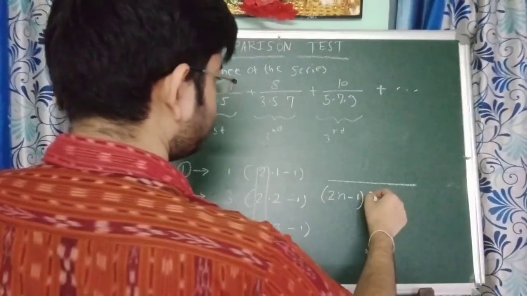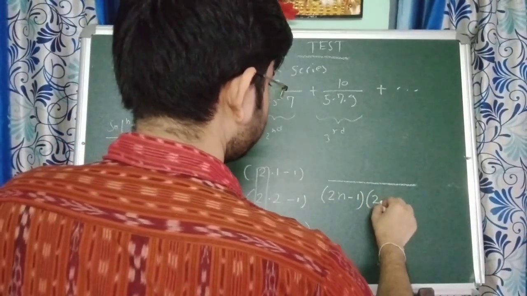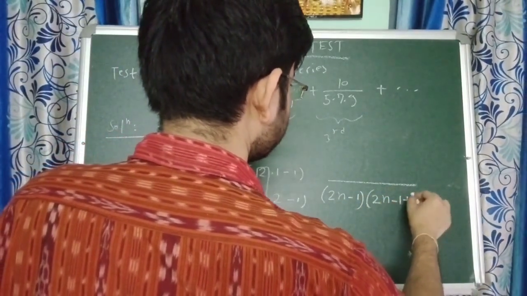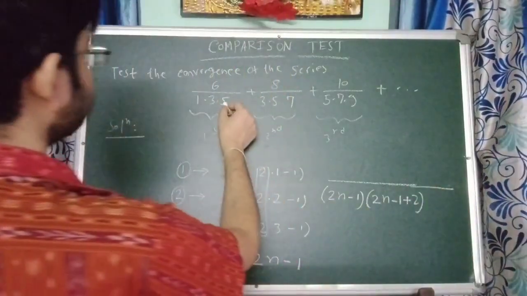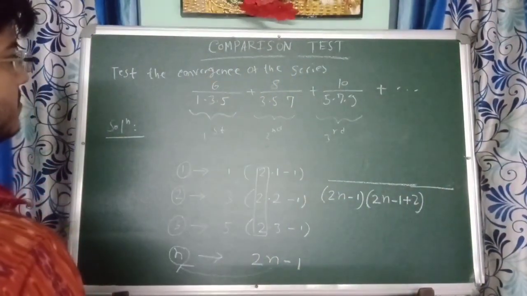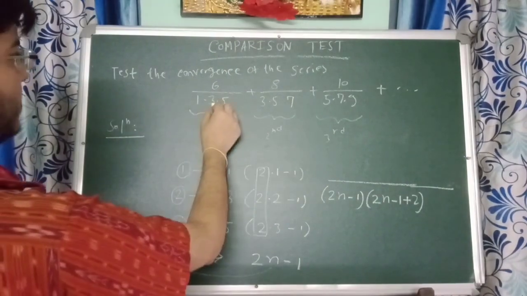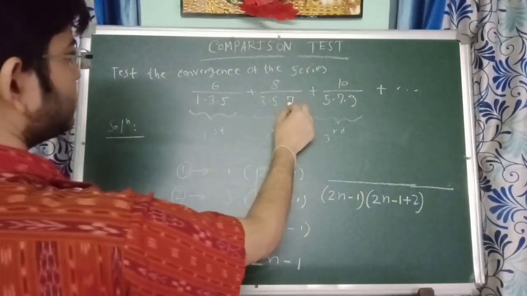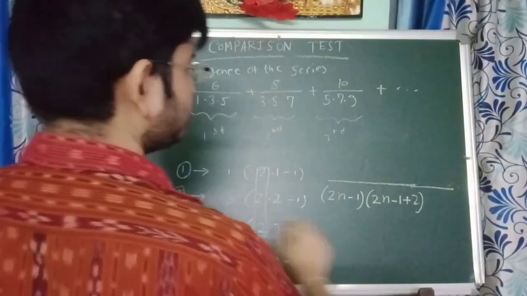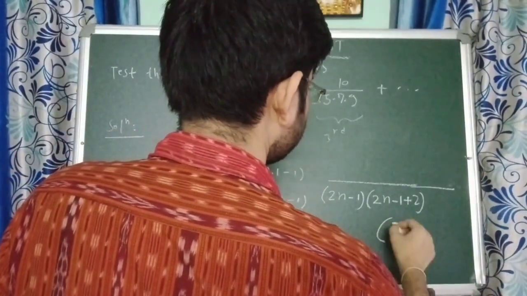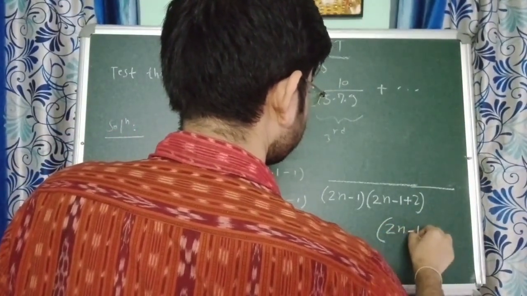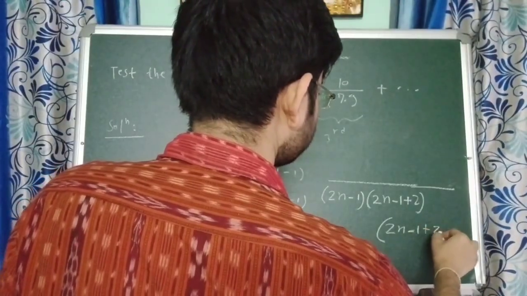So the next number in the denominator part is 2n minus 1 plus 2, and for the last number, 3 plus 2 is 5, 5 plus 2 is 7, 7 plus 2 is 9. So we add 2 more: 2n minus 1 plus 2 plus 2.